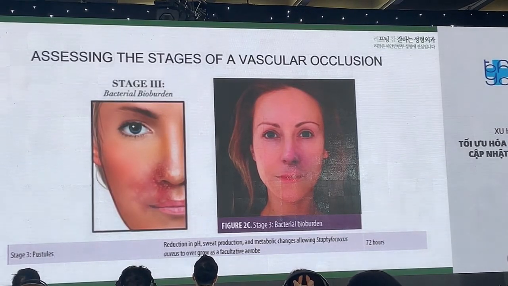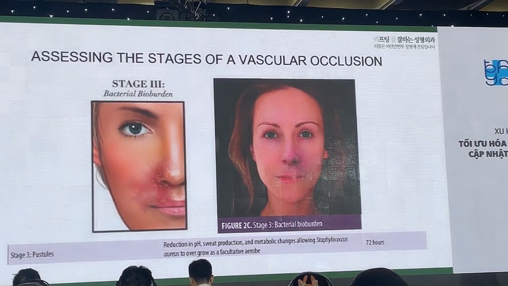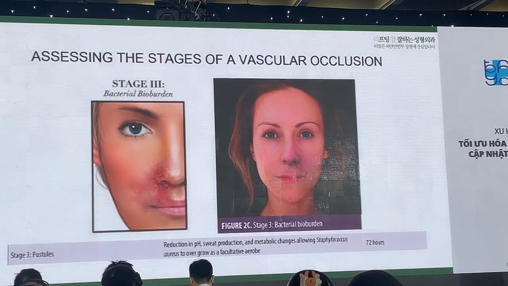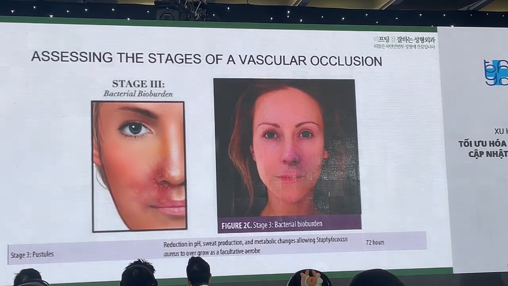Otherwise, bacteria can spread deeper into the skin. Interestingly, some patients may still recover if their degenerative capacity is strong, but in most cases, decompression and proper wound care are crucial.